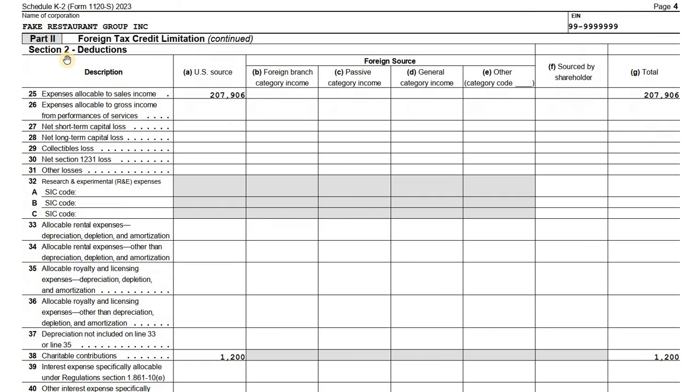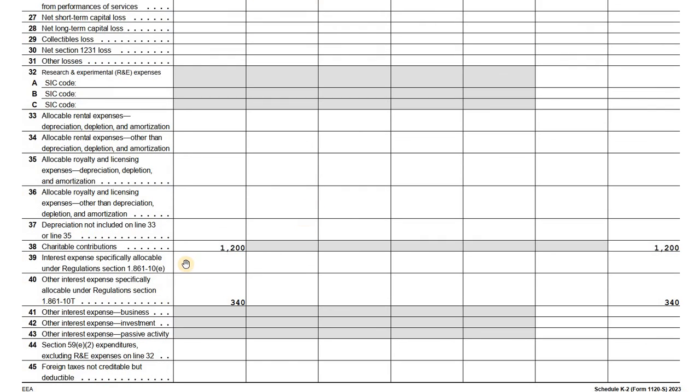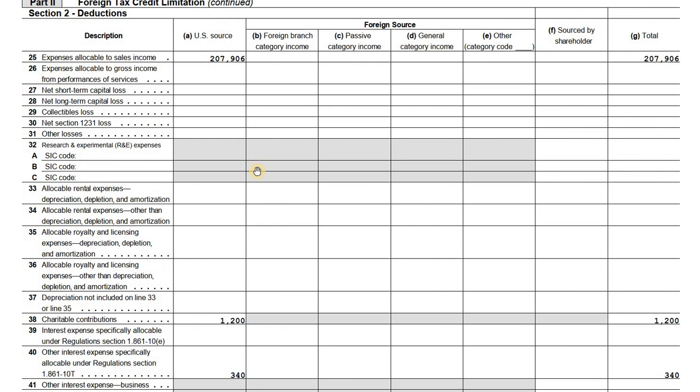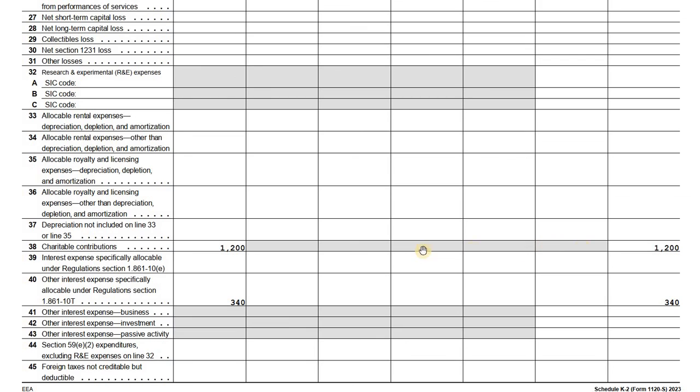And then we go on to the expenses in part 2. So expenses allocable to sales item. These are all the expenses other than what has to be separately stated. So we've got a separately stated amount for charitable contributions. That's on line 38. Again, it's U.S. source. You can't allocate it in any other manner. As you can see, it's all grayed out here. The other interest expense is reported on line 40.